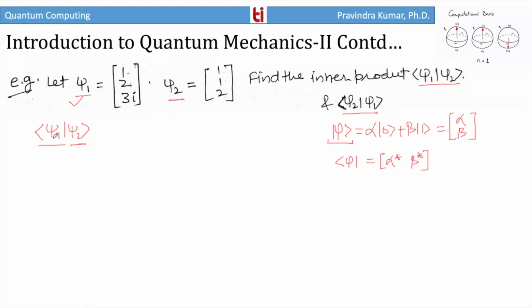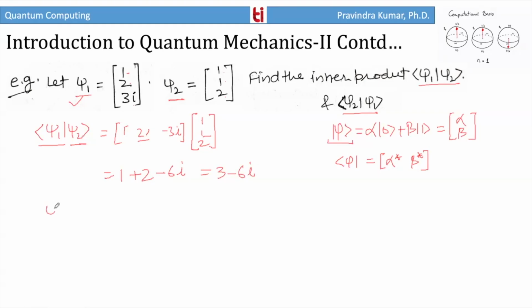So here the inner product psi 1, psi 2 can be written as 1, 2 and minus 3i, and psi 2 is 1, 1, 2. Now if I do the calculation, 1 into 1 plus 2 and minus 6i, it is 3 minus 6i.